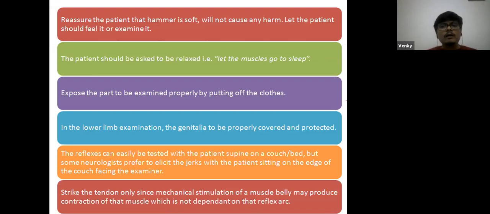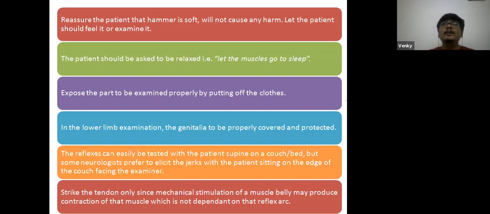Make sure the muscle is relaxed. If you want to see the biceps reflex, slightly contract the biceps before doing it. Or slightly contract the brachioradialis before doing the supinator reflex. Like that, slight contraction is necessary.